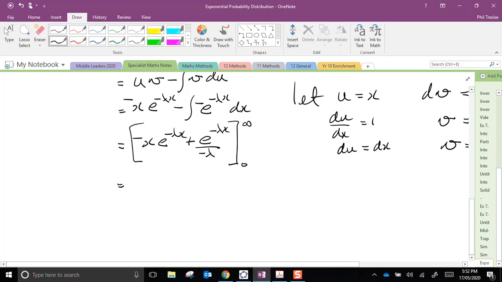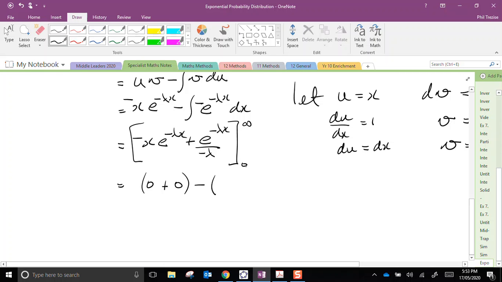When I substitute infinity into the exponential, that's effectively dividing by a giant number, which comes to nothing. The same thing is going to happen here. When I substitute infinity, I'll be dividing by a giant number, so that part is nothing.